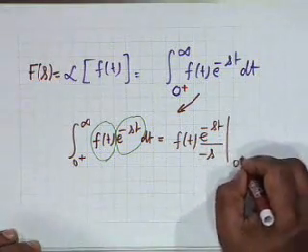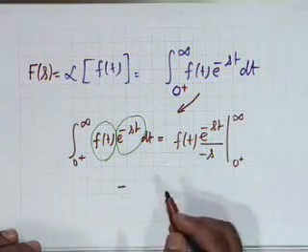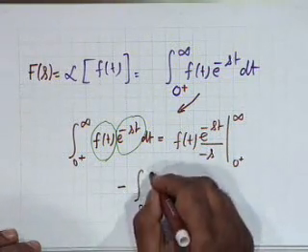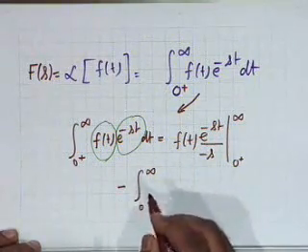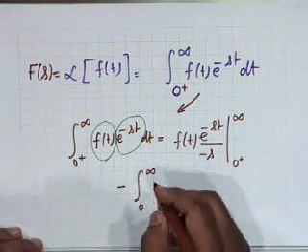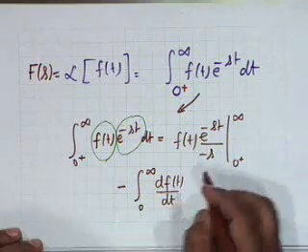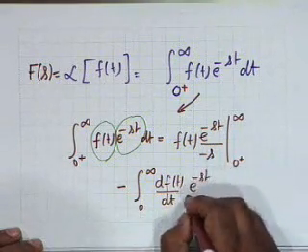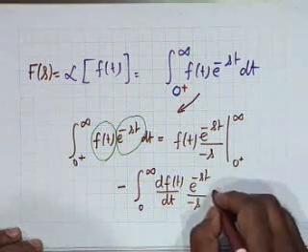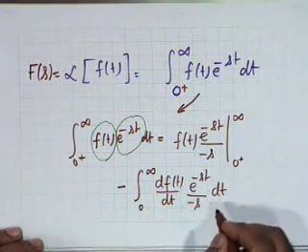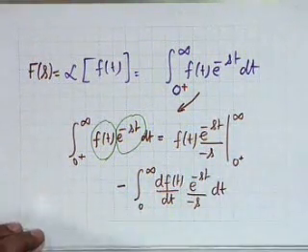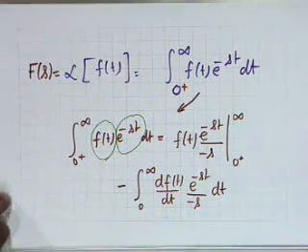Then you put the limits 0 plus to infinity, minus the integral of the differential coefficient of the first function, that is df/dt, times the integral of the second, that is e to the minus st by minus s, then dt. This is what I use. This is how I remember. Whatever way you remember, you will get the same result. Have you been able to copy this?